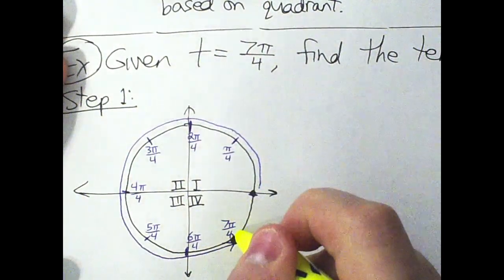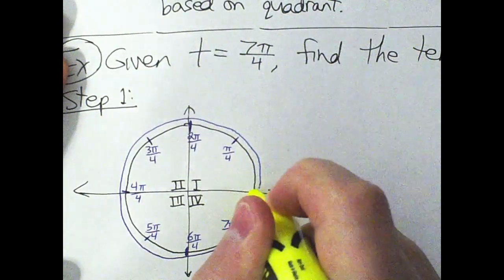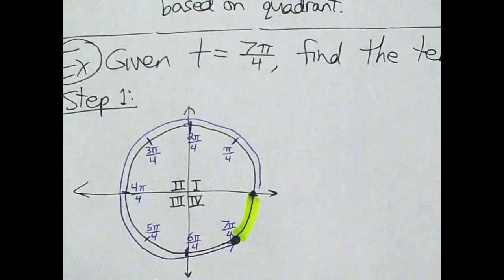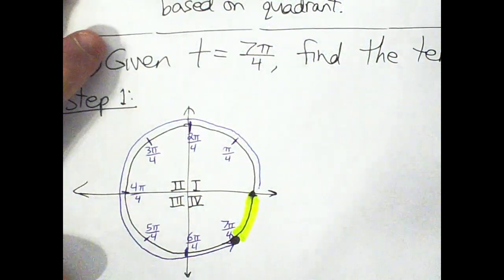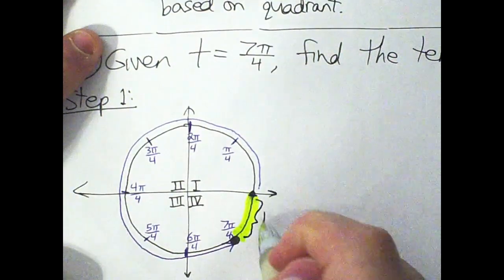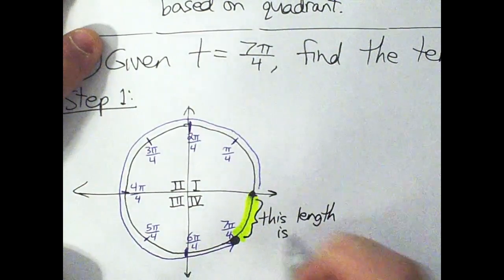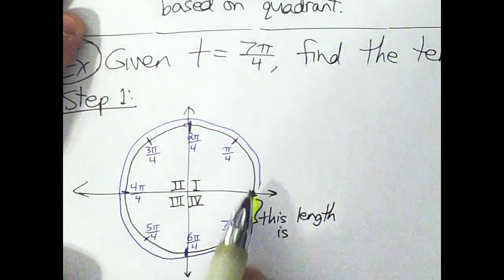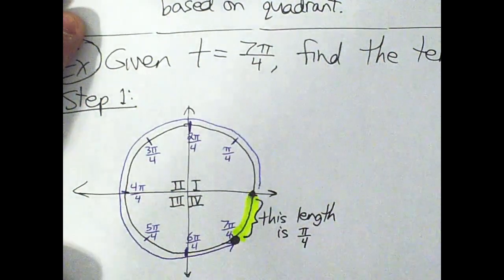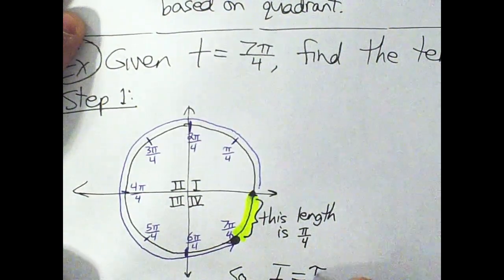So which way would we go to get from here to the x-axis? We would go here. That's the shortest distance to the x-axis. This length is, what do you think? Pi over 4. So we found that t bar is pi over 4.